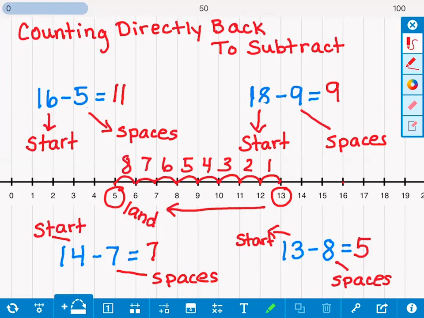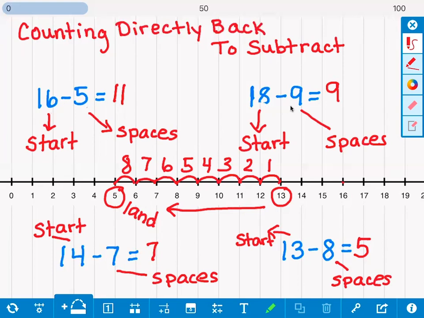All you have to remember is the first number is where you start. And the second number is how many spaces you jump or move backwards. So when we did 16 minus 5, we started with 16, we jumped back 5, and we landed on 11.